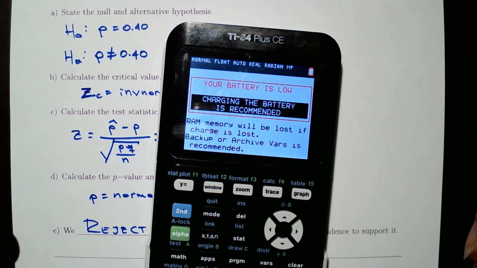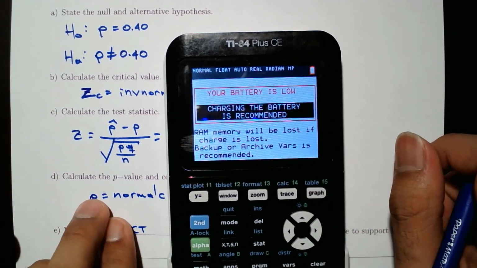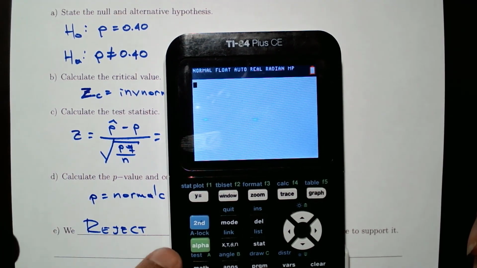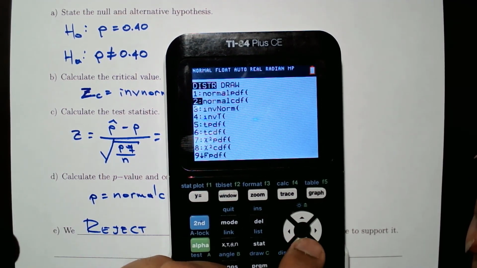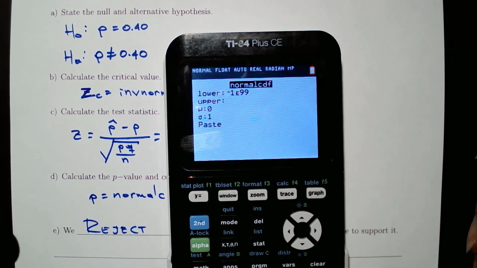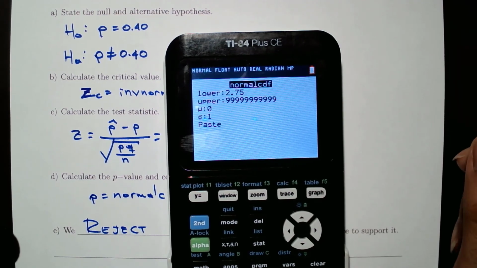Second, distr, normal CDF, that's 2.75, and big, really big, to ensure all the area is there.